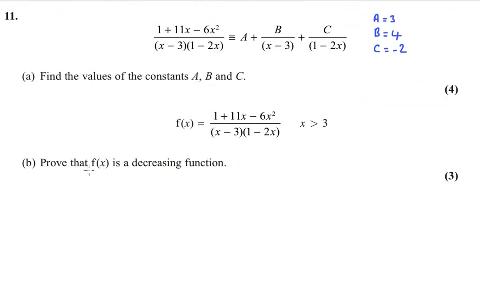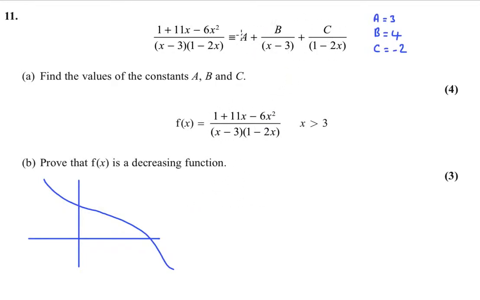It then says prove that this function is a decreasing function. A decreasing function is a function where the gradient is negative for all values of x. Okay, so a negative gradient for all values of x. So we need to find the gradient function. We need to find f dash x. We're not going to do it of this.